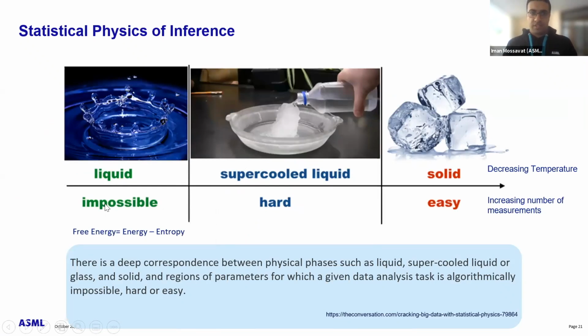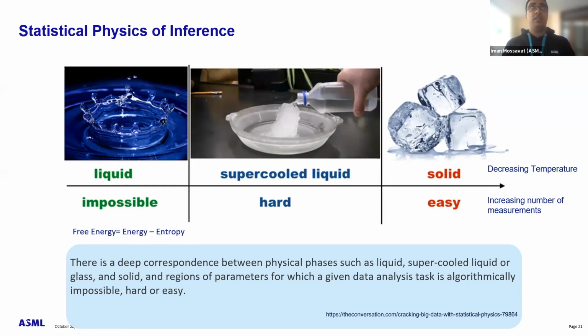And yeah, there's a very beautiful relationship between these phases of matter. So here we have this inference problem that is impossible, hard, and easy. And suppose the matter wants to go to the crystal state. In the liquid state, that just doesn't happen. There is a point where it can happen. The matter can go to crystal state, but maybe it gets stuck in a local minimum of what we call free energy.